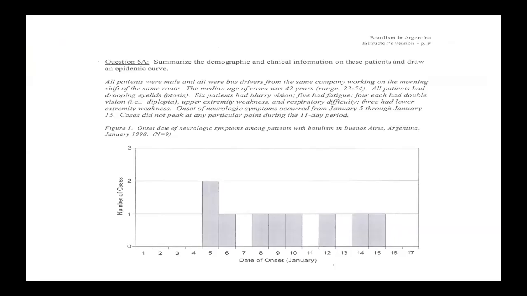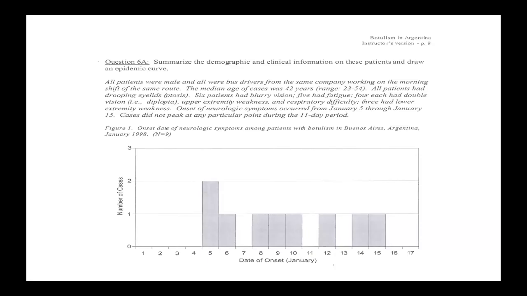Although the answer is right there. Would you say there's a peak? Yes. No, there's no real peak. Yes, there's one day that there's 2 cases, but it's not your typical peak.